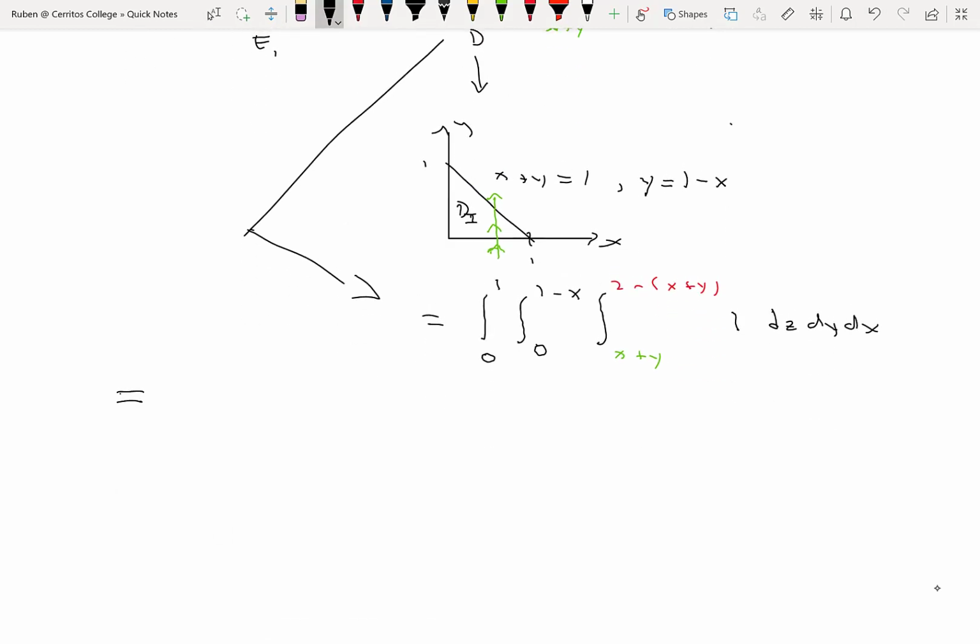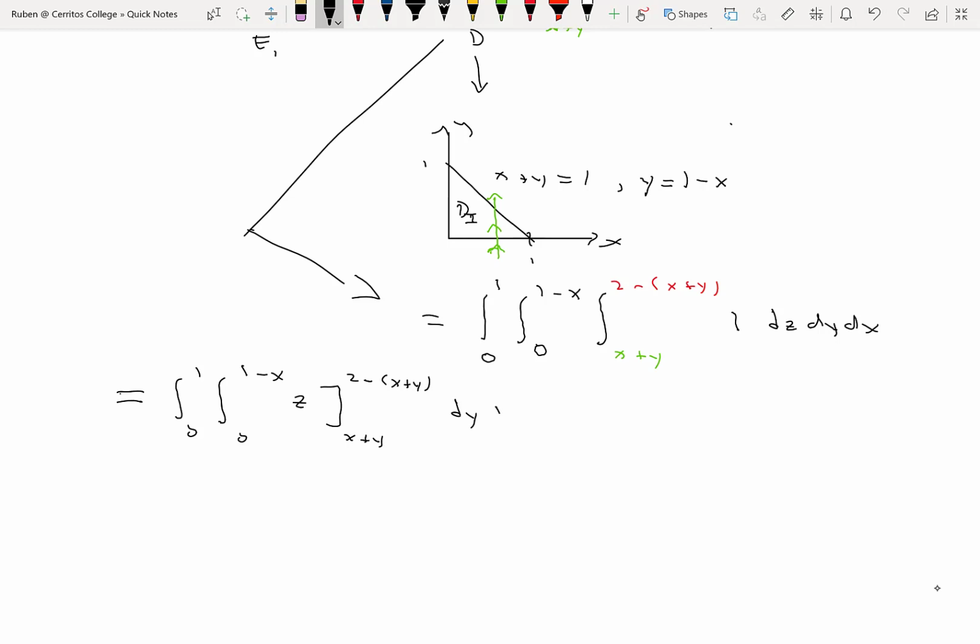Let's evaluate it. It doesn't take that long. I'm going to integrate the innermost integral. The integral of 1 with respect to z is z, where z varies from x plus y to 2 minus (x plus y).